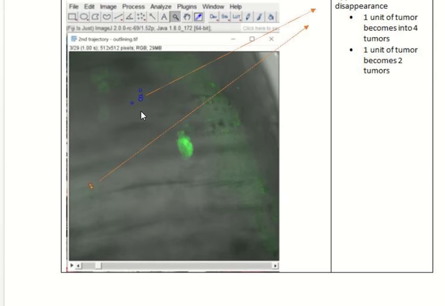This could be for two reasons. One, remember that we are using a technique called confocal microscopy, and it takes pictures by layers. So one of these spots could be in the layer below, at the bottom.